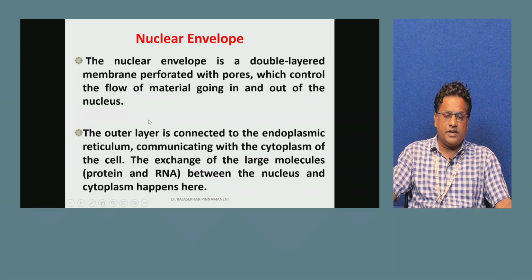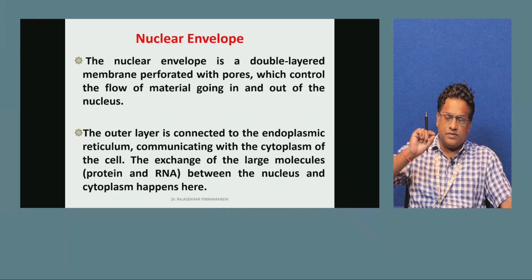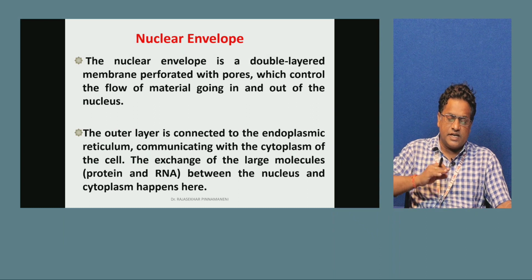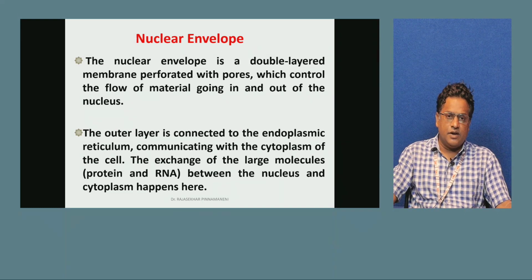The nuclear envelope is a double layered membrane perforated with pores. This is important because when DNA material or other molecules come from inside or outside, you need certain kinds of pores, similar to those in cell membranes. The outer layer is connected with the endoplasmic reticulum, communicating with the cell cytoplasm.